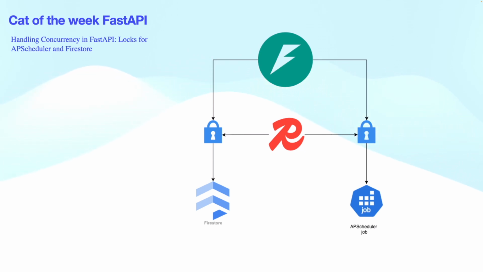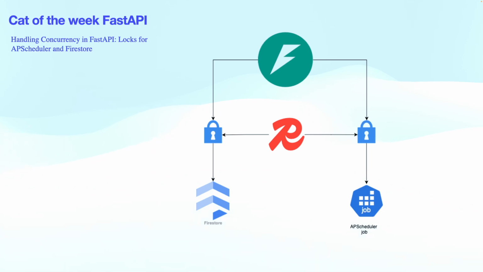To be sure that we execute only one job, we have to create a lock, and this lock will provide us the possibility to execute only one APScheduler job. For that we will use a Redis lock.